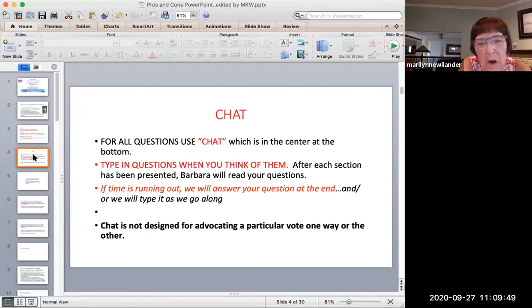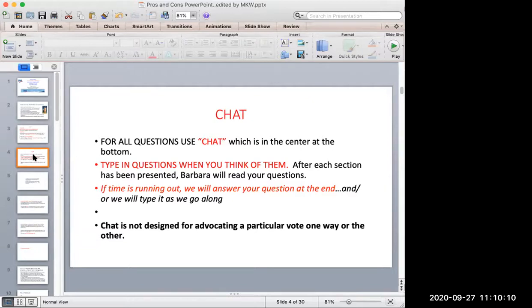Then Barbara will read the questions and the person presenting will answer them as best they can or say, I don't know, and we'll find out. If time is running out, we'll answer your questions at the end, or perhaps after that person has finished their presentation. Just a reminder that chat is not designed for advocating a particular vote one way or the other, but for a comment or a serious question.